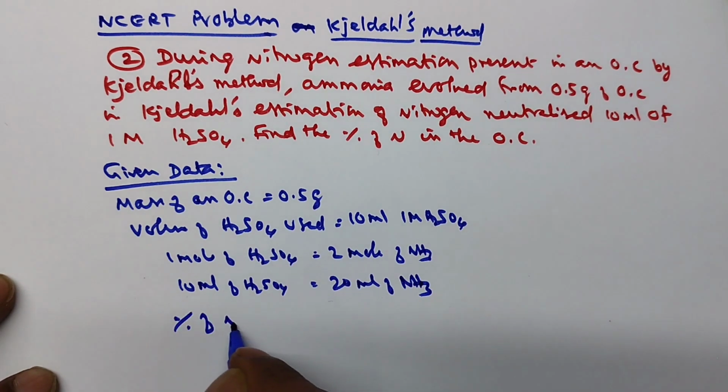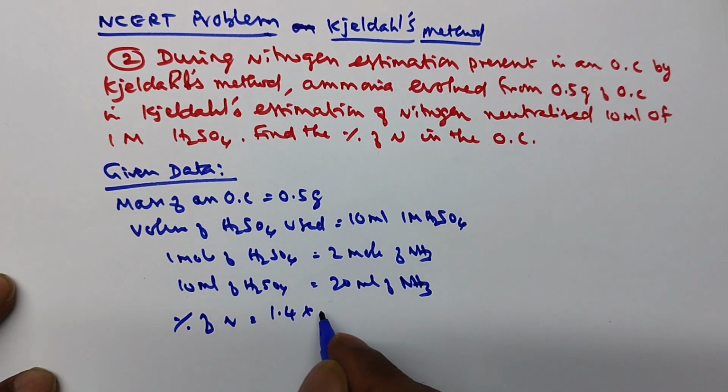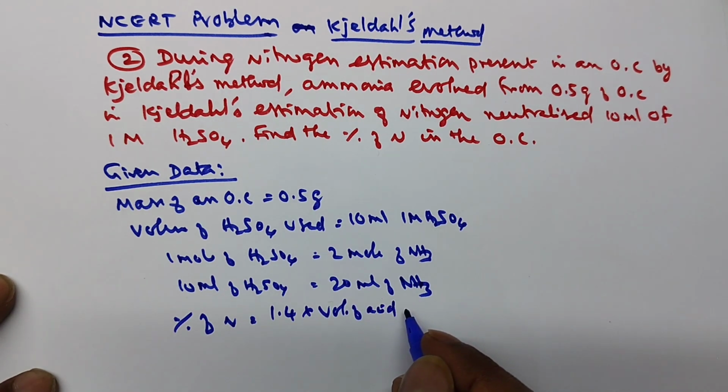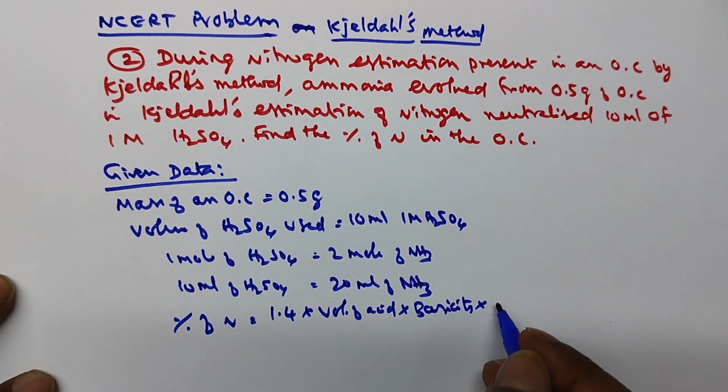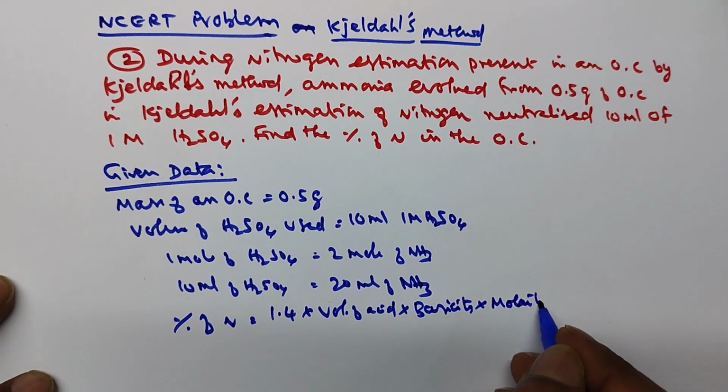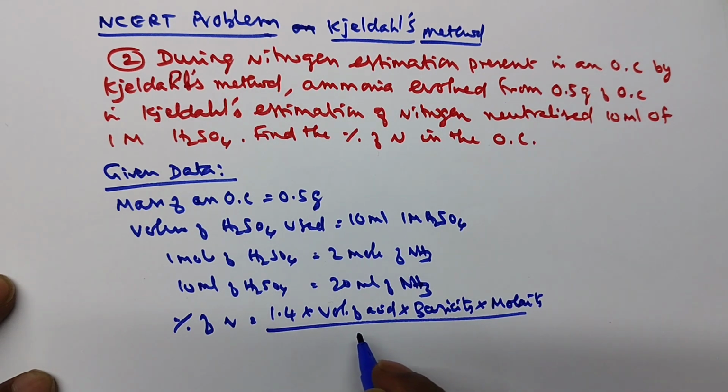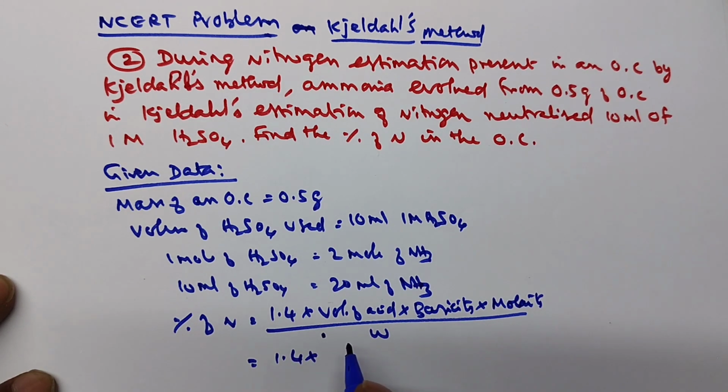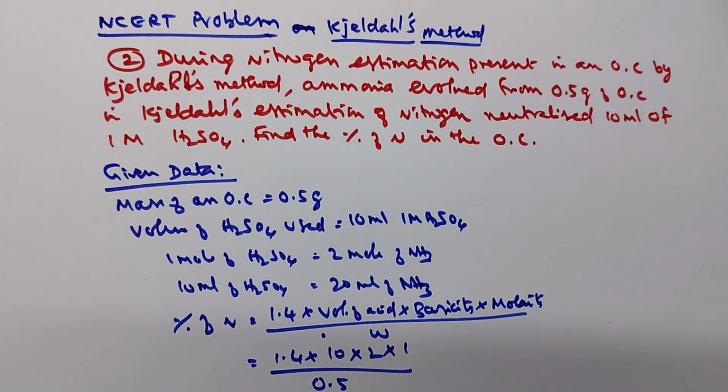Percentage of nitrogen is equal to 1.4 into volume of acid used into basicity into molarity of the acid used, divided by the mass of the organic compound W. If we substitute: 1.4 into volume of acid used, 10, the basicity of sulfuric acid is 2, and the molarity of the acid is 1 molar, divided by 0.5 gram, the mass of the organic compound.